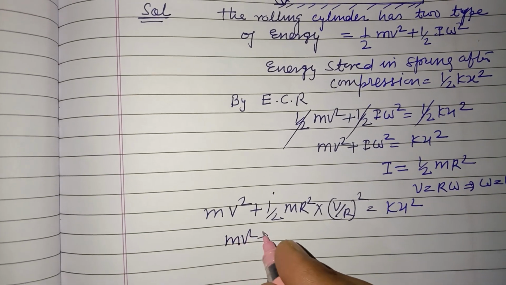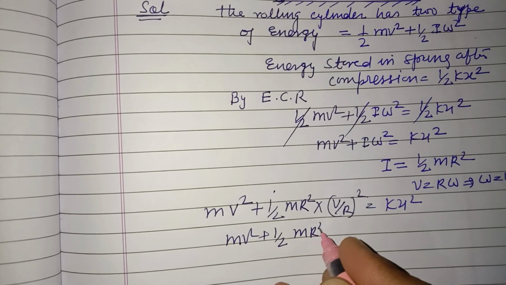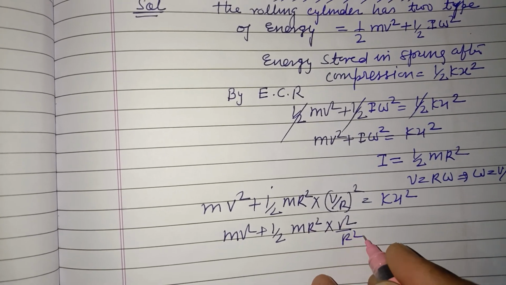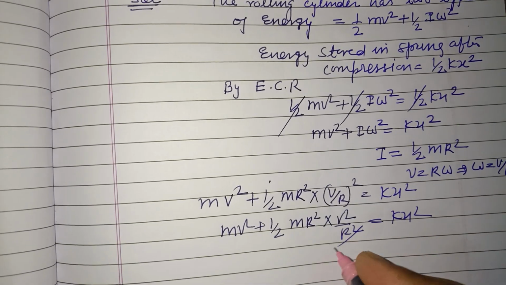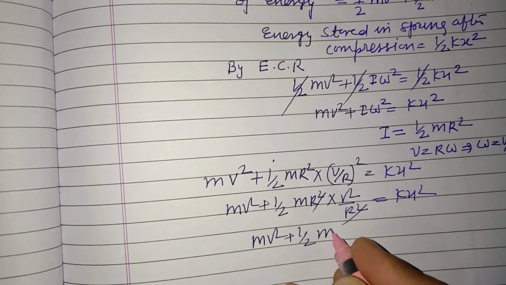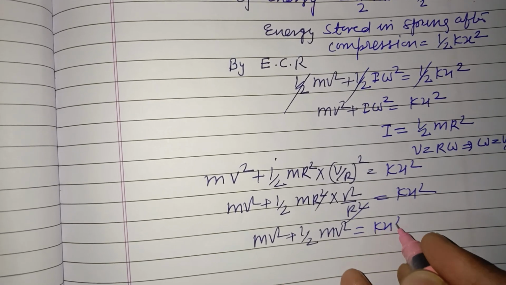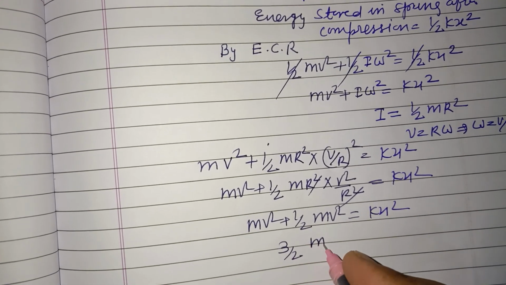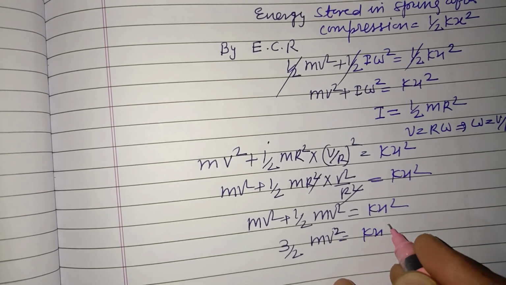So mv square plus half of mr square v square upon r square equals kx square. R square cancels, we get mv square plus half of mv square, that is 3 by 2 mv square equals kx square.